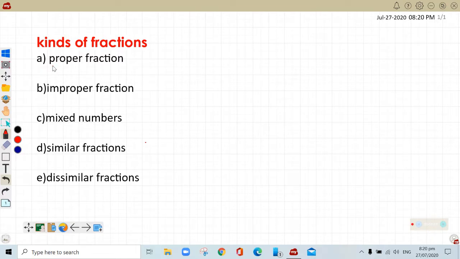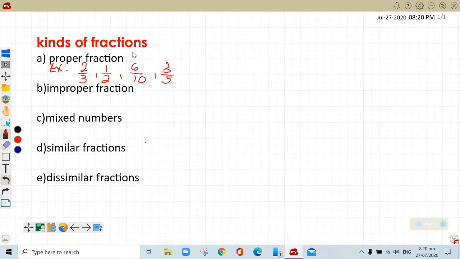So when we say proper fractions, examples of that are 2/3, 1/2, 6/10, and another is 3/5. So these are some of the examples of proper fractions.